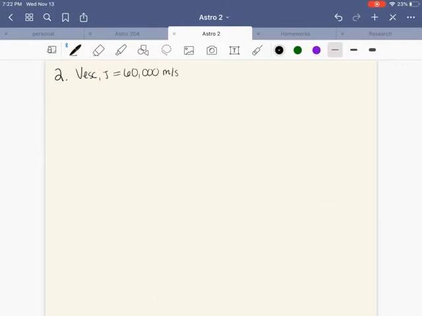If the mass of Jupiter was quadrupled, so mass quadrupled, and the radius shrinks to 1/16 original, what is the new escape velocity?